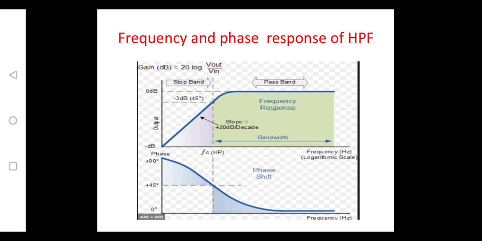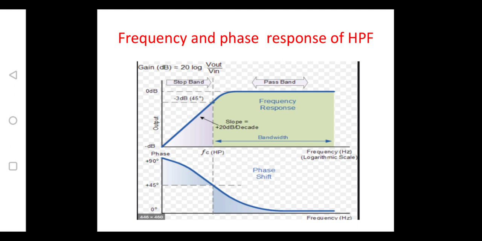The band of frequencies which the circuit passes is called the pass band, and the rejected frequencies are called the stop band. If we want to calculate the gain, it should always be calculated in dB, that is 20 log of output voltage by input voltage.